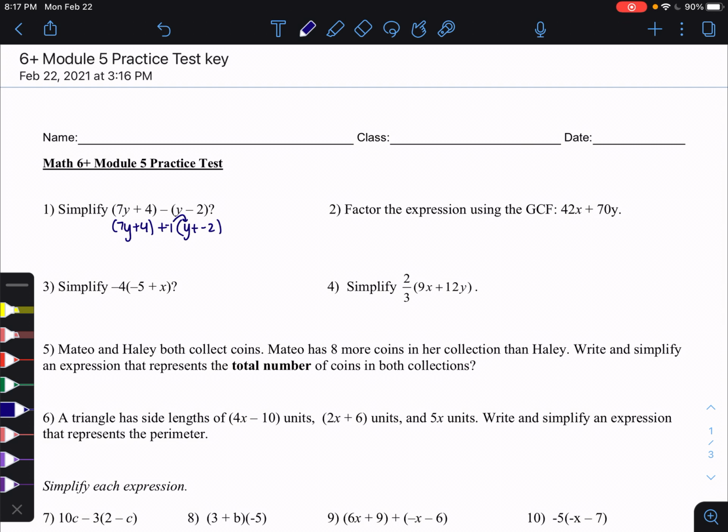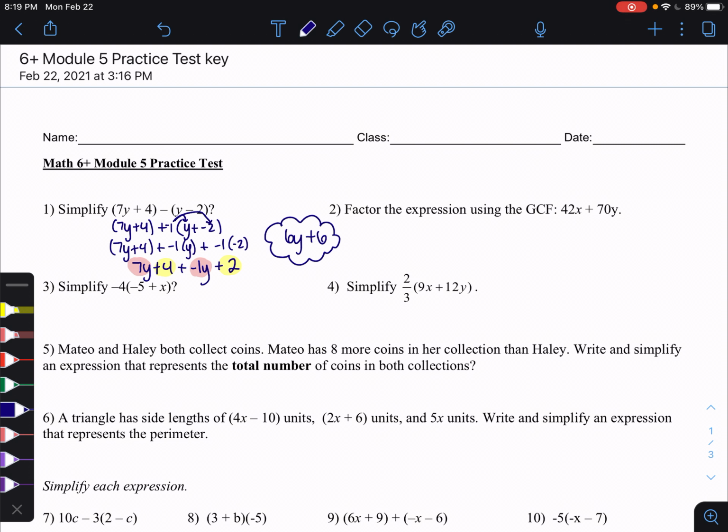For number 2, I'm going to factor the expression using the greatest common factor. So the first thing I need to do is find the greatest common factor of 42 and 70. I'm going to use a multiplication chart to do this. When I look at my multiplication chart, the largest factor that these two numbers have in common is 14. So I'm going to rewrite this expression with 14 as one of the factors, and then figure out what is multiplied by 14 to get the other one.